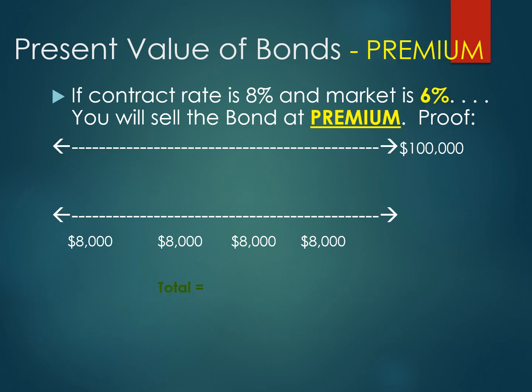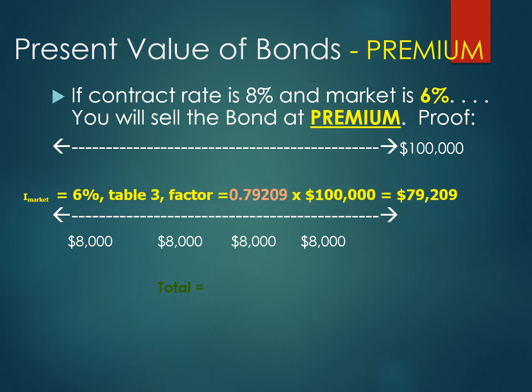Now let's do the same for a premium. As we said earlier, if the contract rate is 8%, but the market's only paying 6%, we're going to sell that bond higher than face value. We have those two timelines, one for the principal, 100,000, one for the payments. We go to the table and use the market rate of 6%.